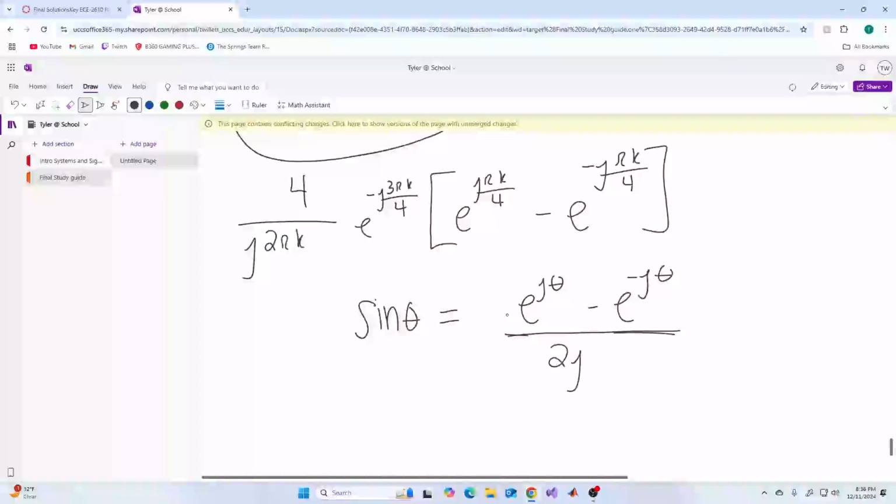Well, we have something super close to that. If this is my theta, what do I need to add? Well, I need to take this 2j and put it under. So let's go ahead and do that.